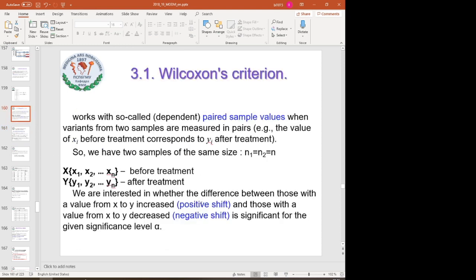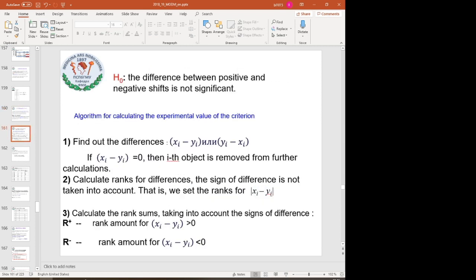So in the Wilcoxon criterion we use those ranks when we rank differences. The first sample x and the second sample y are used to calculate one sample of differences: we subtract yi from xi, and then we apply ranking to the absolute values of those differences.